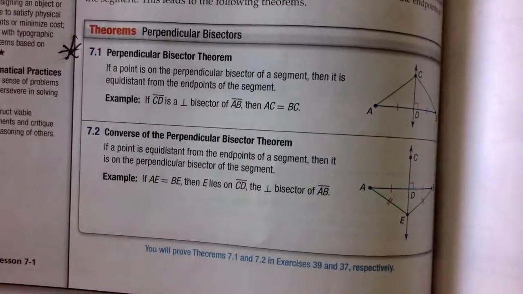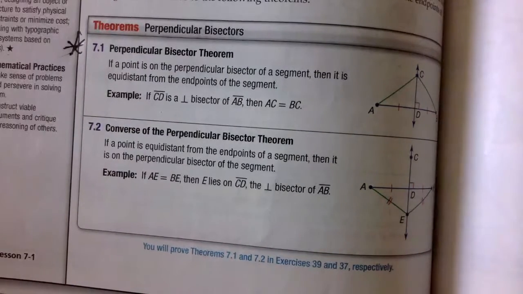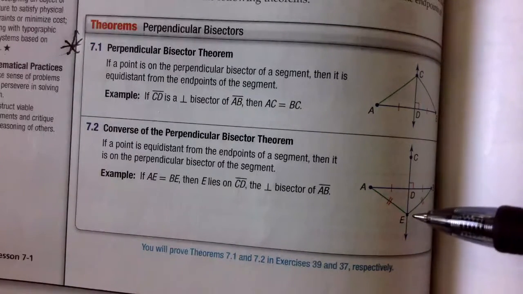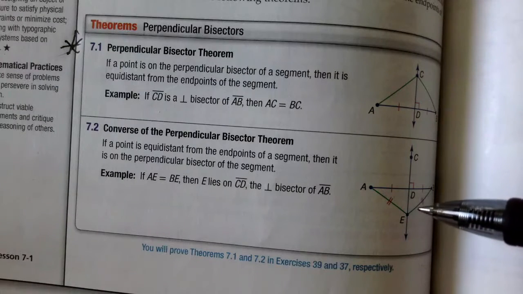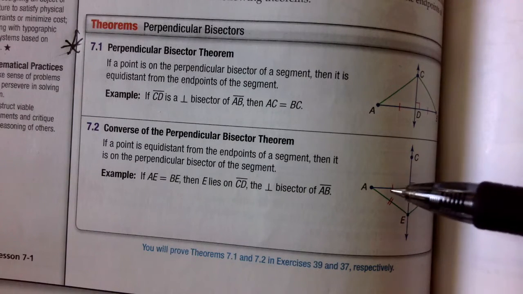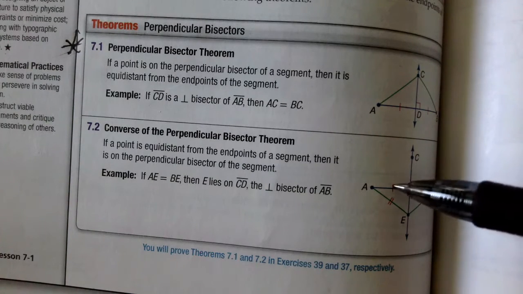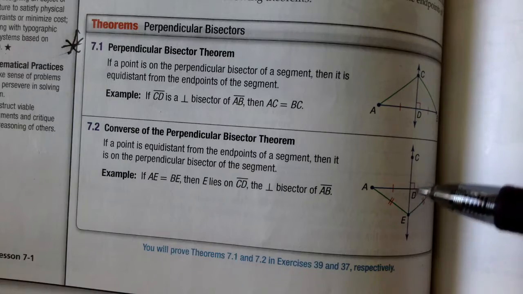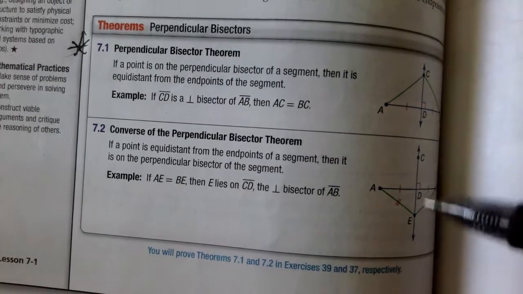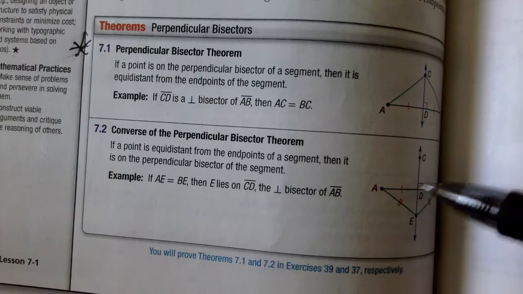Okay, next one. So after talking about what you guys notice about a perpendicular bisector, the thing you have to know is that a perpendicular bisector is a line that bisects the opposite side of a triangle perpendicularly.